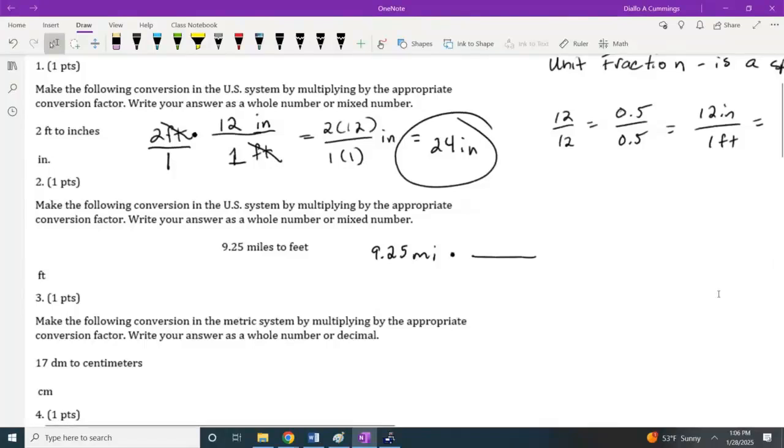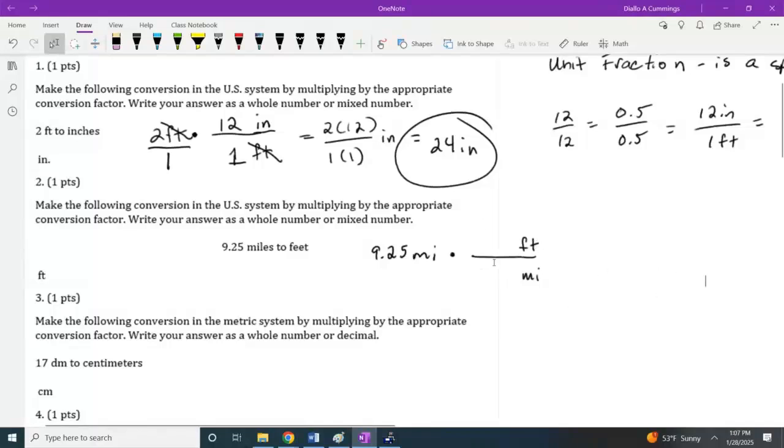Since we're trying to convert miles to feet, I'm going to put miles in the denominator and feet in the numerator. And be careful on how you situate your units, because remember, you can only cross cancel units. So since I want my miles to cancel, I'm putting miles in the denominator of my unit fraction. I'm putting feet in the numerator.